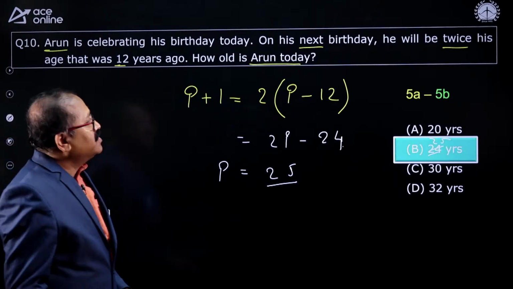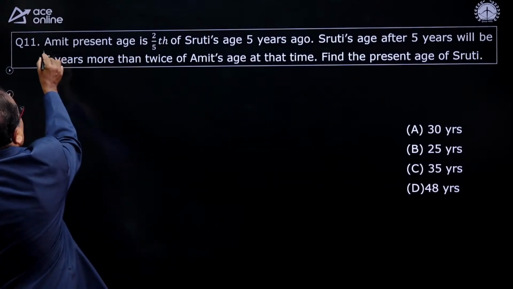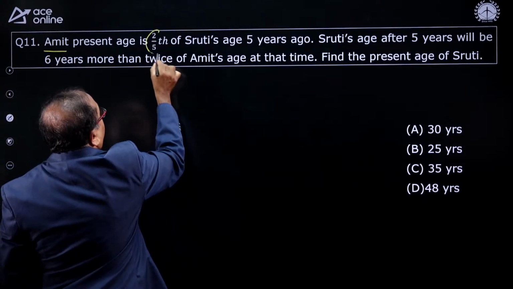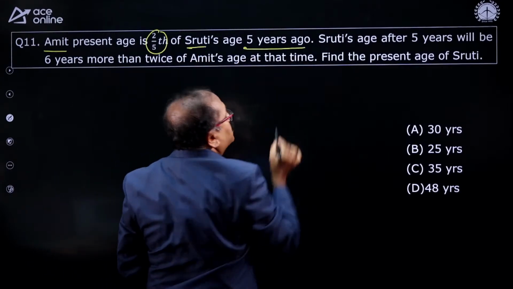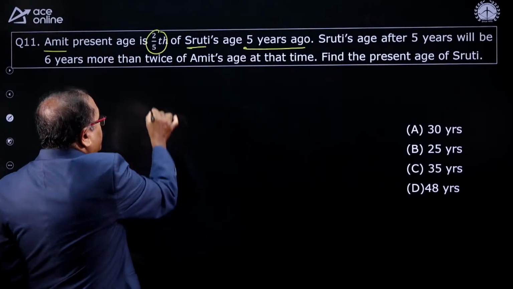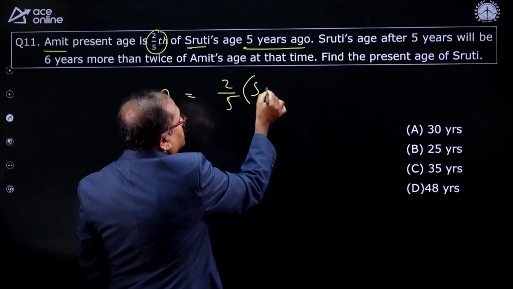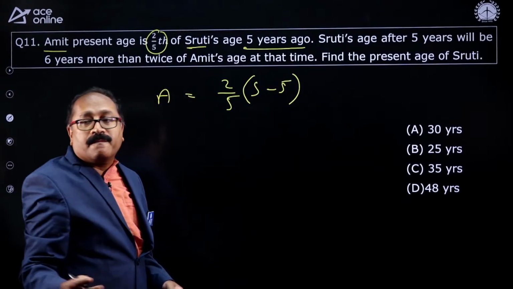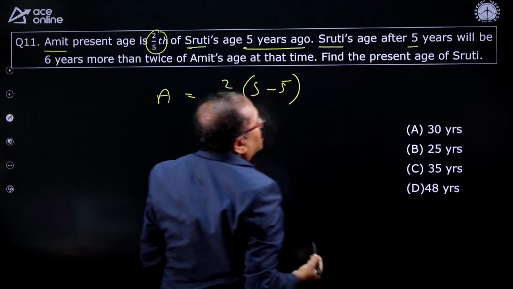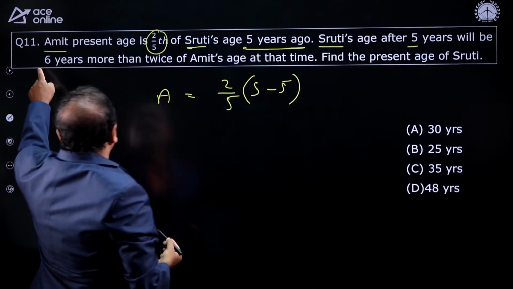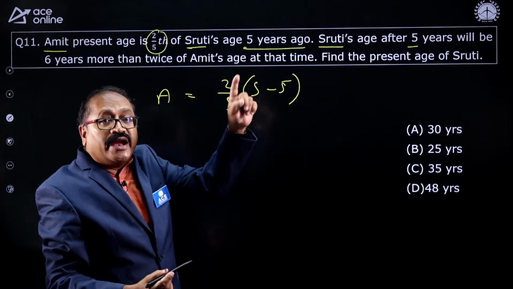Okay. Then the next question is here. Look at this. Amit's present age is 2/5 of Shruti's age 5 years ago. Shruti's age after 5 years will be 6 more than twice Amit's age at that time.